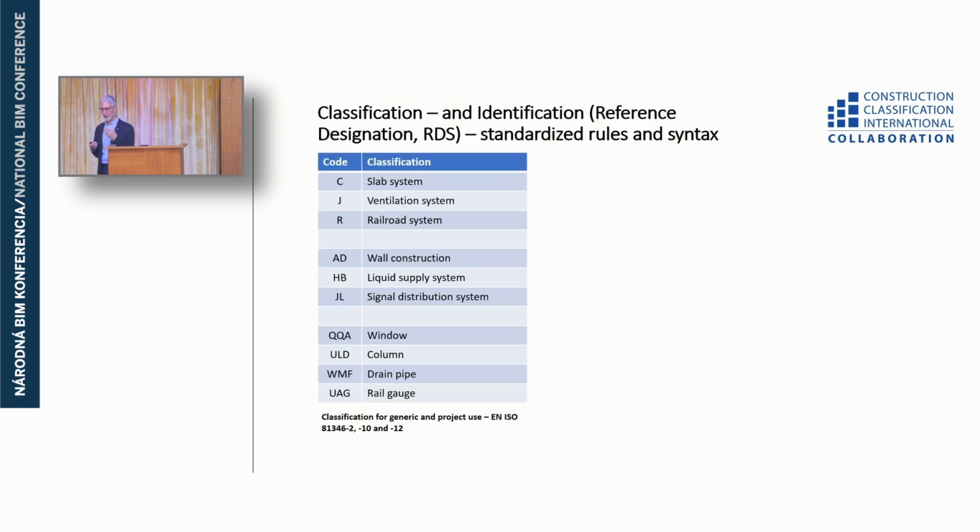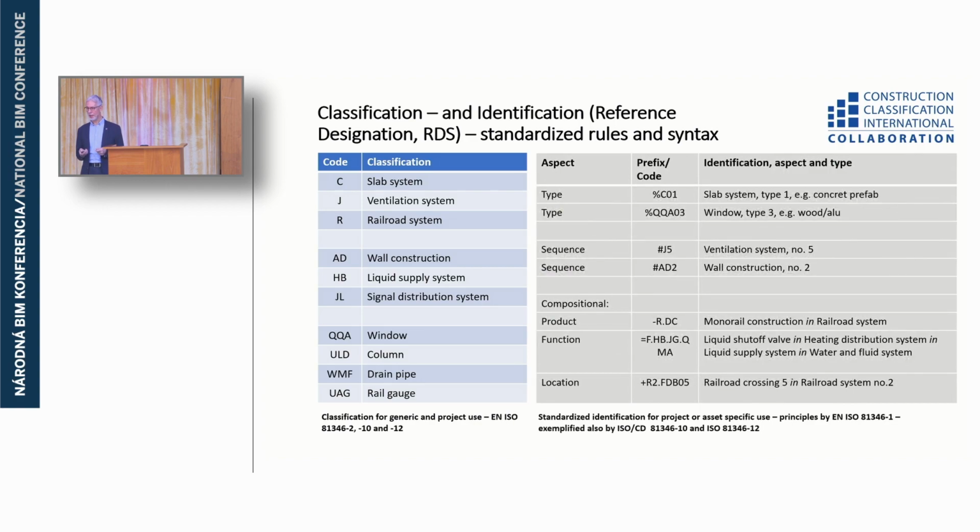So here's an example. This is classification. The 1-letter code are the functional systems, the 2-letter code are the technical systems, and the 3-letter code are examples of object classes for components. And at the other side, and it takes too long to go through this, there is the syntax structure for how to actually use it for identification.